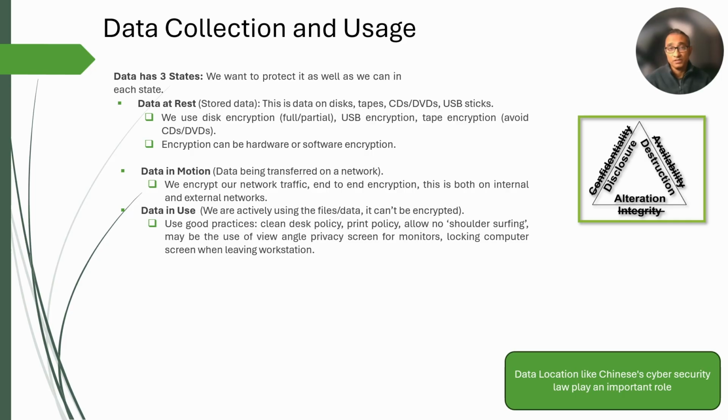It could also be in the cloud, and it can be stored both at the hardware level, but can also be stored, for example, in terms of the file configuration at the software level. Therefore, you can imagine that data protection for data at rest is applicable for both hardware and software.